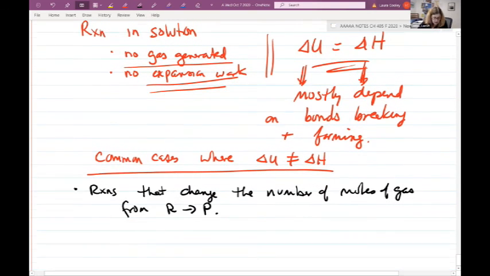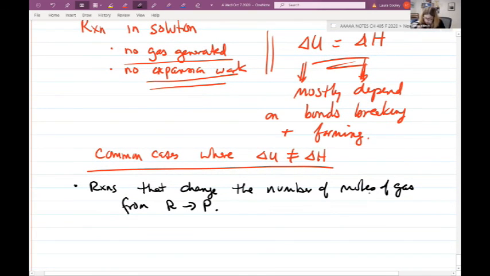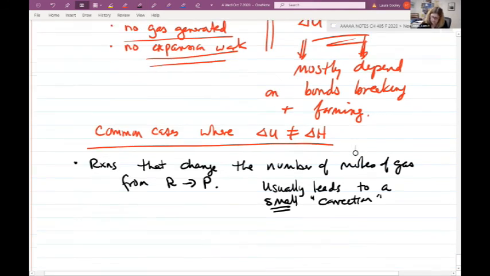If you have a change in the number of moles of gas, this usually leads to a small correction. In other words, delta U is not quite equal to delta H. So that usually leads to a small difference between delta U and delta H.